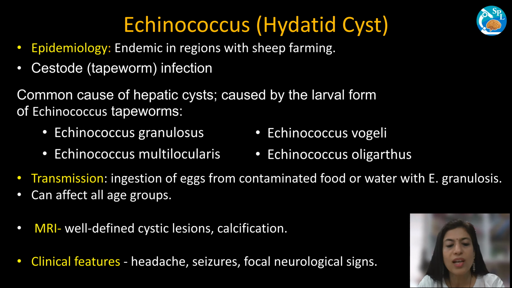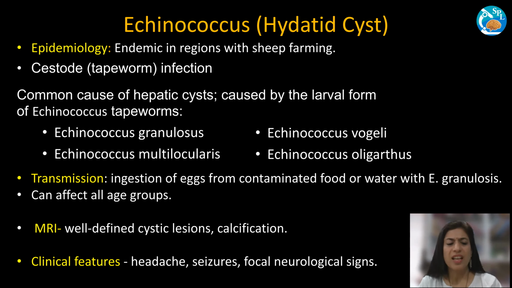Echinococcus multilocularis is less common and causes alveolar disease. Echinococcus vogeli causes polycystic disease, and Echinococcus vulgaris is extremely rare and causes the unicystic form. Now, transmission is by ingestion of eggs from contaminated food or water with Echinococcus granulosus.